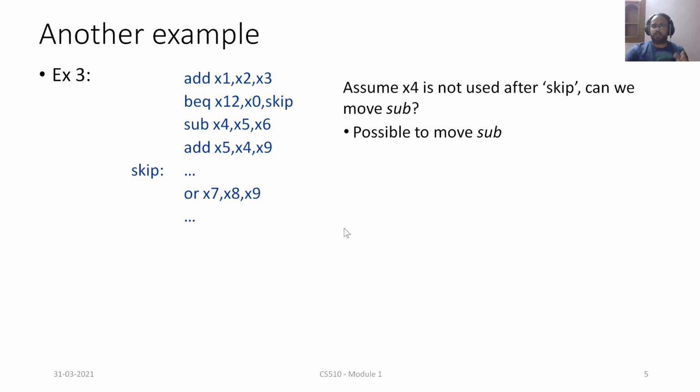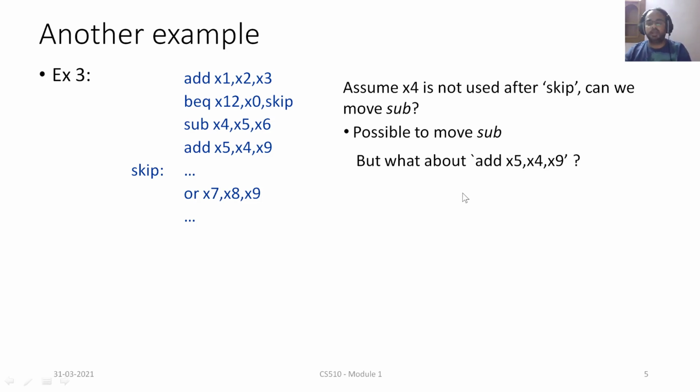It looks a little better when compared to example 2. But what we need to take additional care of is that the add instruction is dependent on the result of the subtract instruction. Here there is a producer-consumer relationship. When we move the subtract instruction before BEQ, there is a chance that the value in x5 is not correct when the branch is taken, and when the branch is not taken, the value will vary.